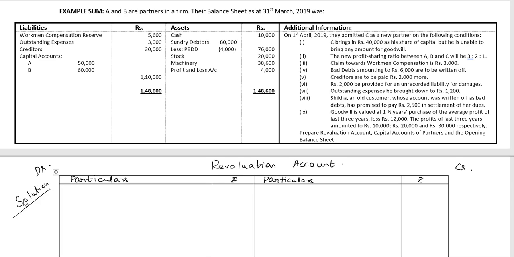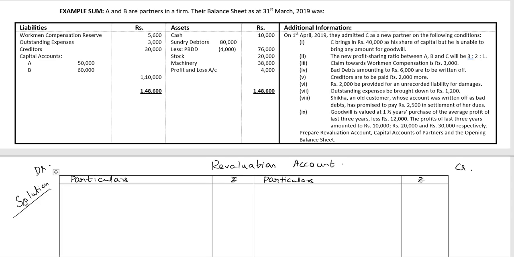The reserve which is appearing in the liability side of the balance sheet, the workman compensation reserve, it's appearing as rupees 5,600. The claim is only 3,000. So the balance 2,600 will be distributed among the old partners A and B in their old profit sharing ratio. So this third point will not affect the revaluation account also.